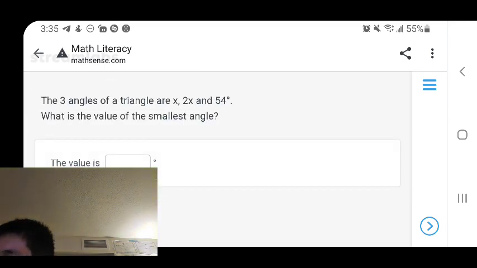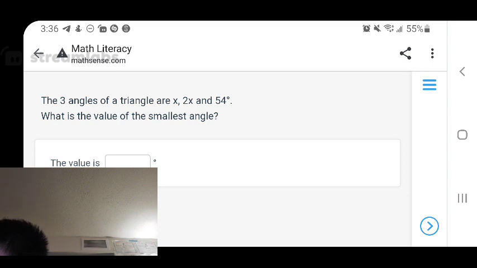And now we're here in geometry. Or is it? Yeah, sort of geometry. X plus 2x plus 54. You know the angles add up to 180 in a triangle, so the smallest angle is x, maybe. 3x plus 54 is 180.